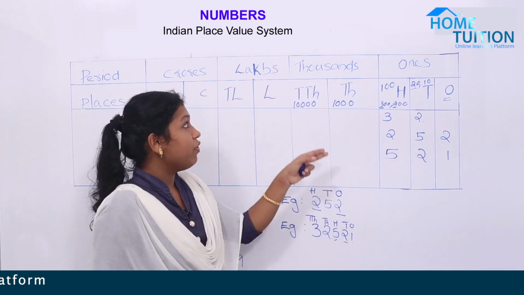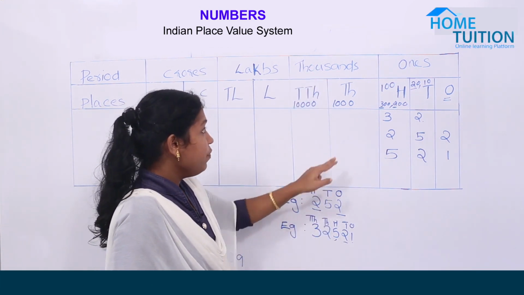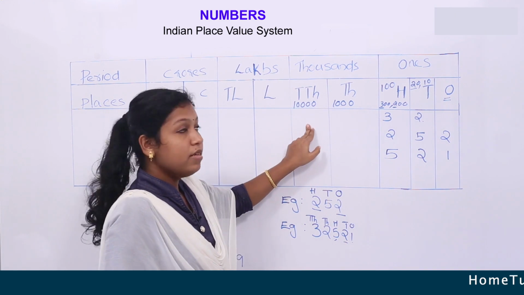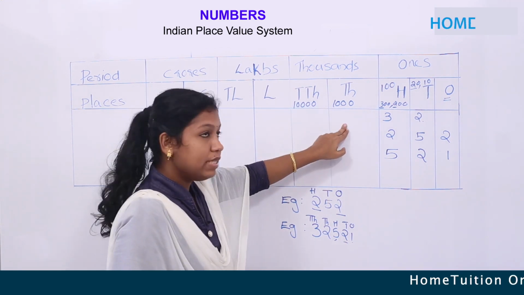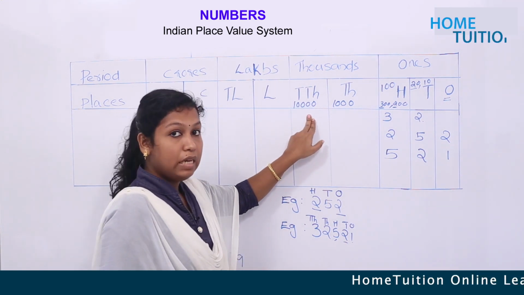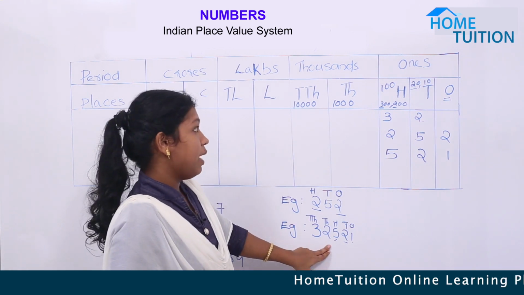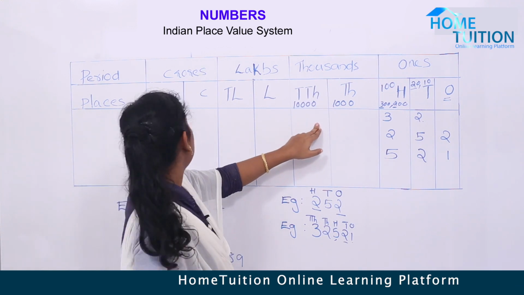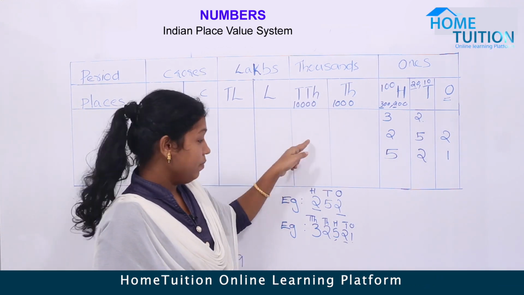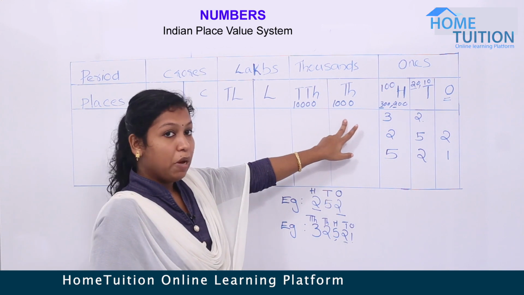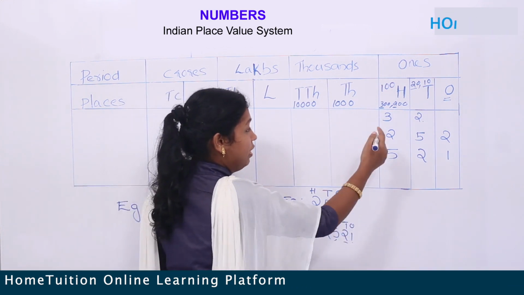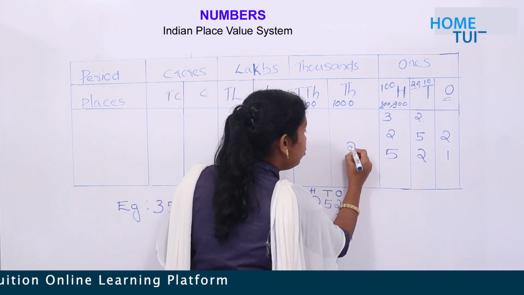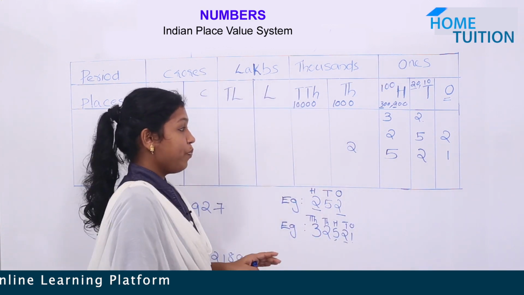So 2 is in the thousands place, which is 2000. We write only the number 2 here.